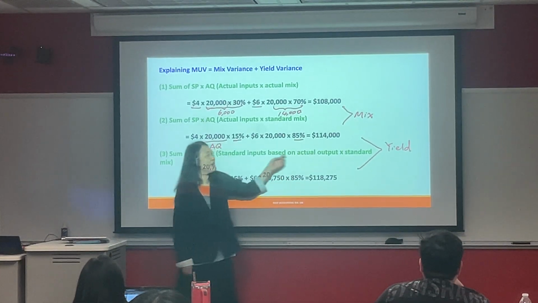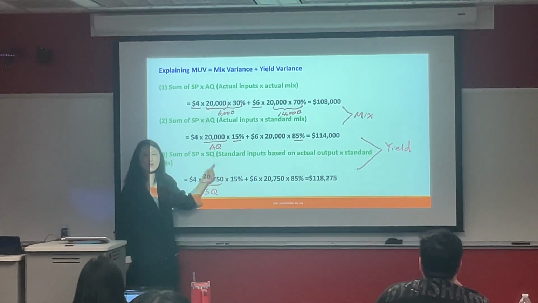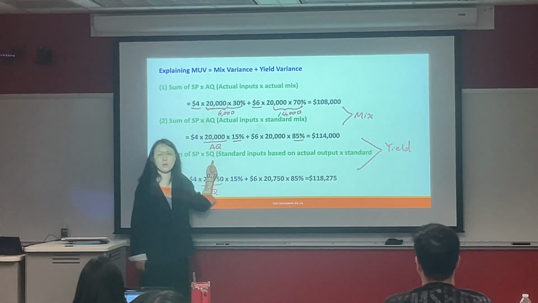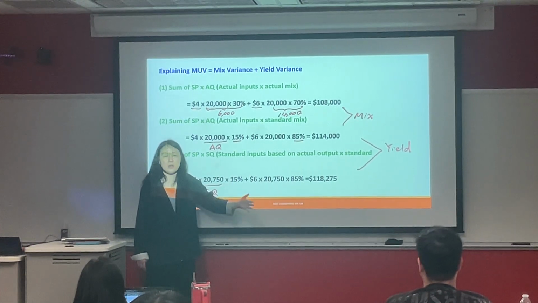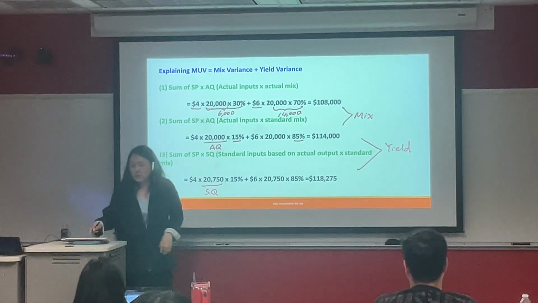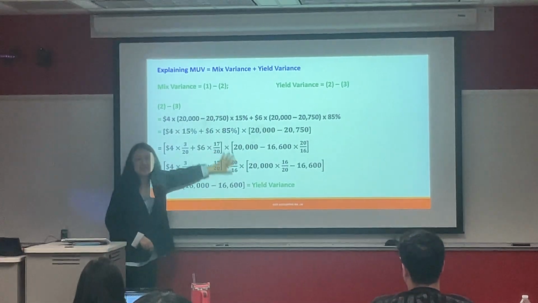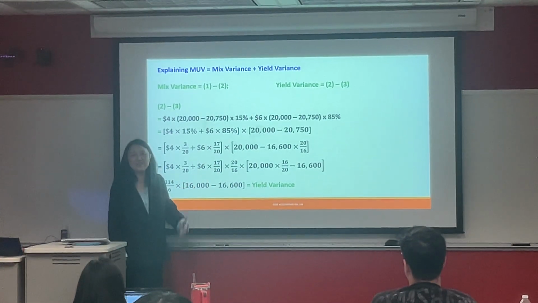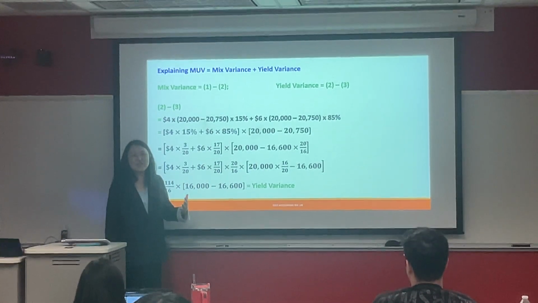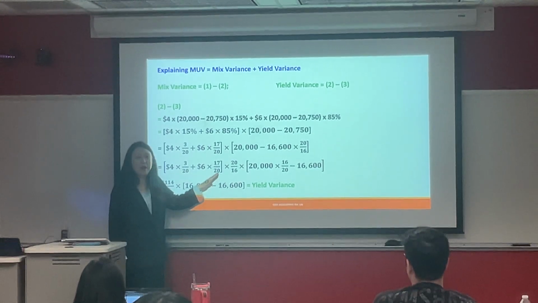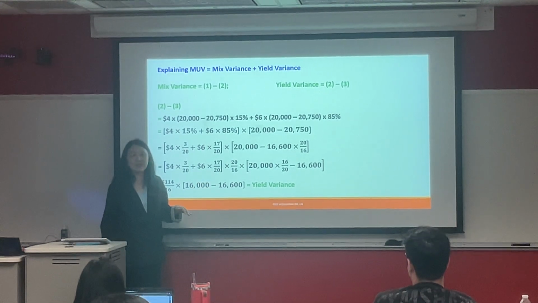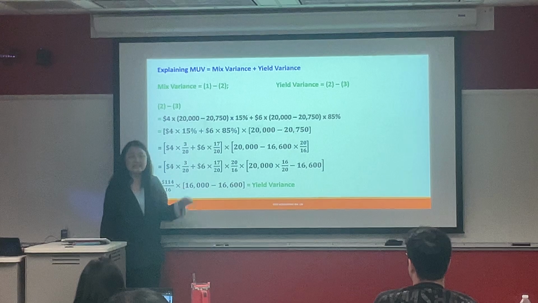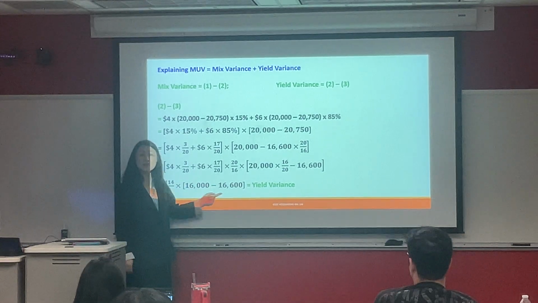How do I communicate with people in the firm so that we can improve? This is part of the exercise in cost accounting. I'm not going to require you to do this, but I want to show you in class so you get an idea of how to derive this formula.